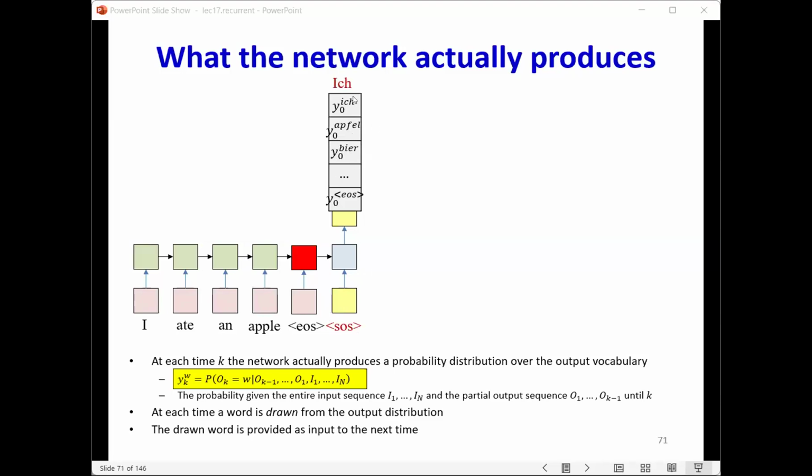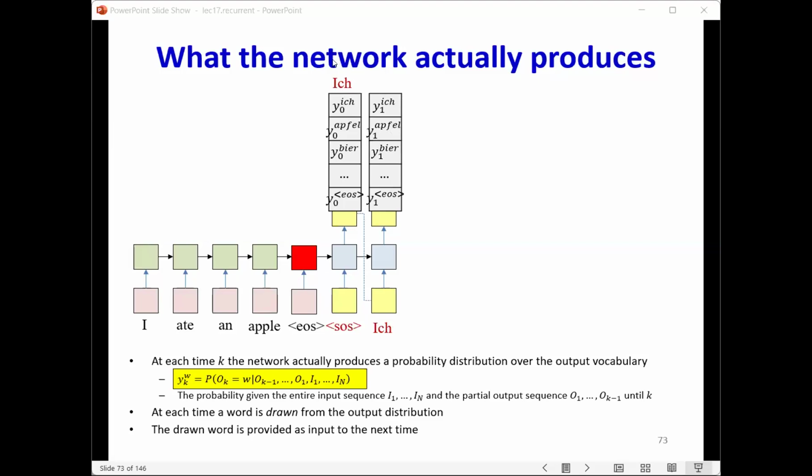So you would draw some word from this and you feed that in. At the next time, you now have a probability distribution that's being computed. This probability distribution is the probability of the next word, given that the input was I ate an apple and that the first word in the output was ich. So it's going to be the probability of O2 given the entire input and O1. That makes sense?